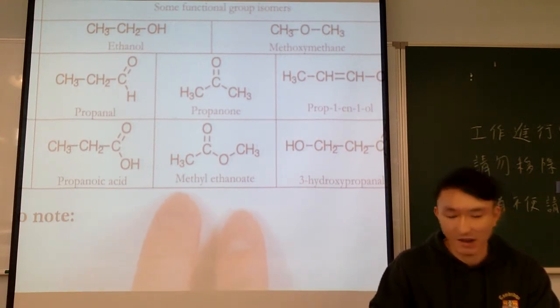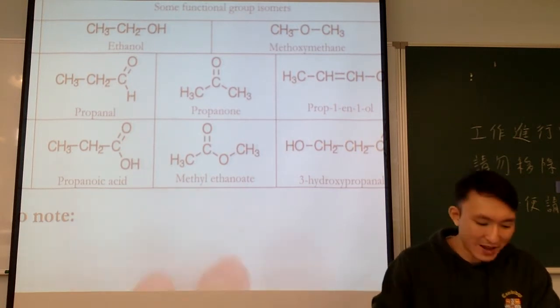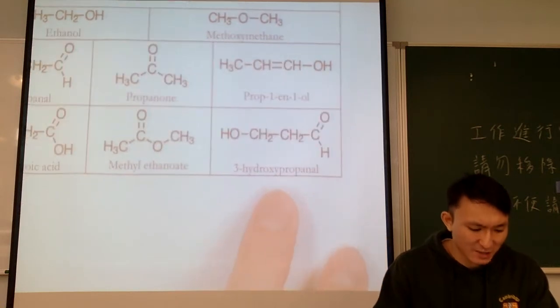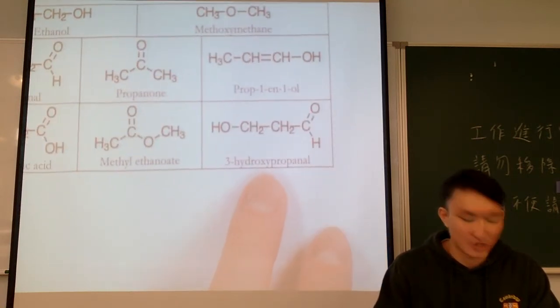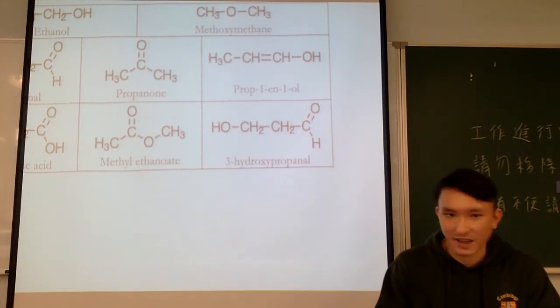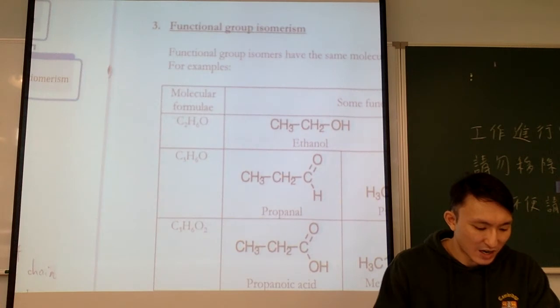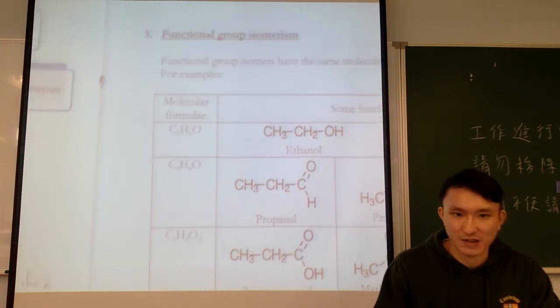Well, we didn't talk about that, but anyway, it could also be something weird like this one, which is a hydroxy group together with an aldehyde. Yeah, that could also be possible. So this is the functional group isomerism.